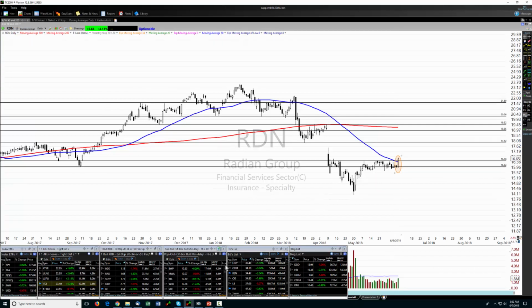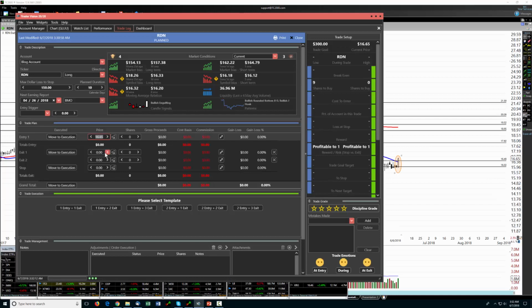So let's just use that as our number. There we go. Let's say that our stop's going to be 1605, with a first target up here about 1790, and that might be a little high, make it maybe 1785 or something. And then the second one up here about 1890.